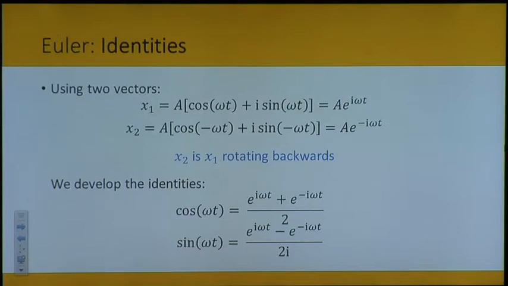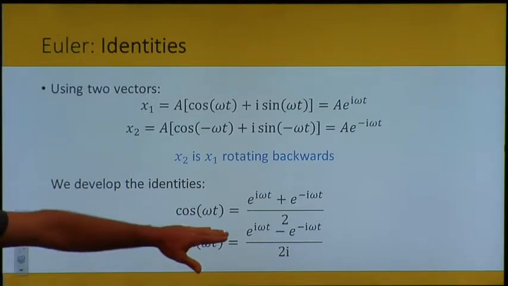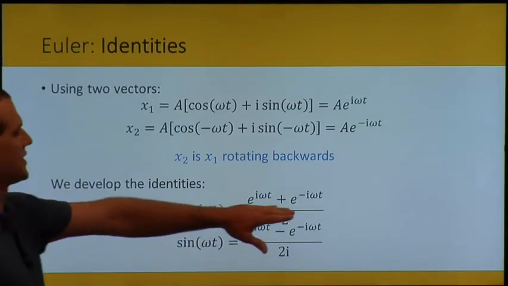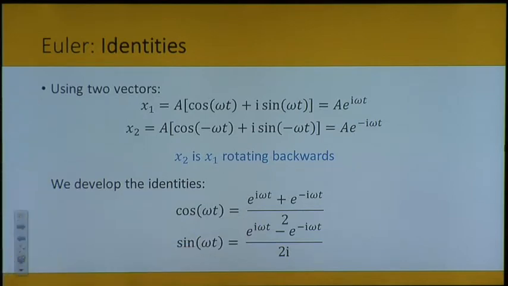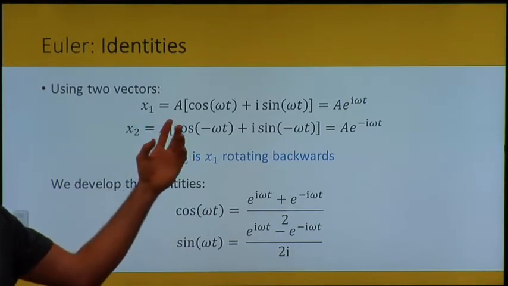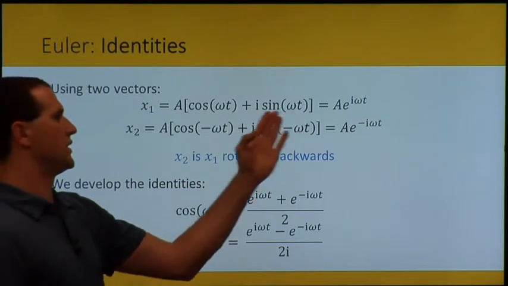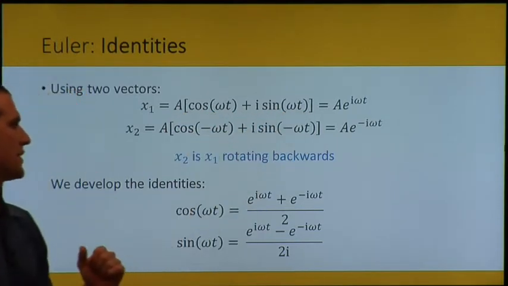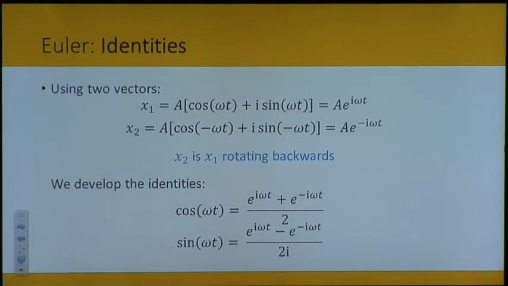So now I want to say, okay, well, what if I wanted to express my cosine as the summation of my exponential functions? So I'm going to start by using 2 vectors. My first vector is a complex vector, and it has some magnitude, and this is simply my general unit vector in complex space.